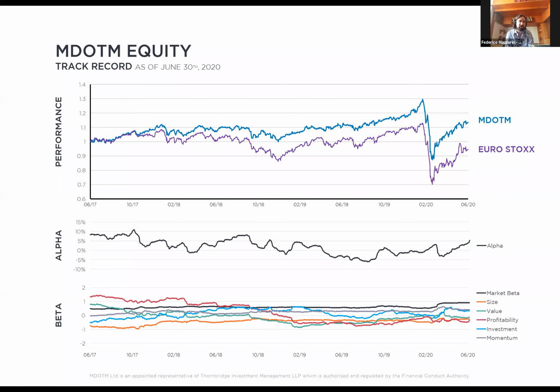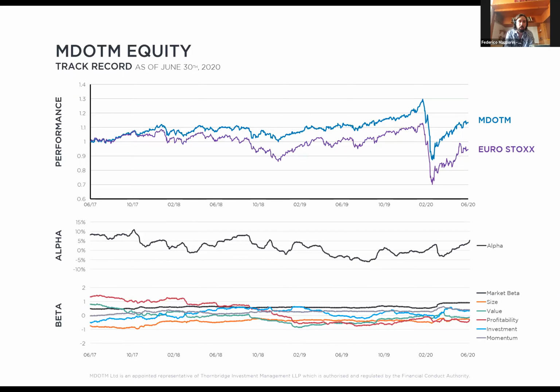In this strategy, it's applied on the European stocks, and its goal is to achieve better diversification and lower volatility, while keeping the upside of the equity market. So this is the goal. The strategy is live from the middle of 2017, and this chart is updated to the end of June.